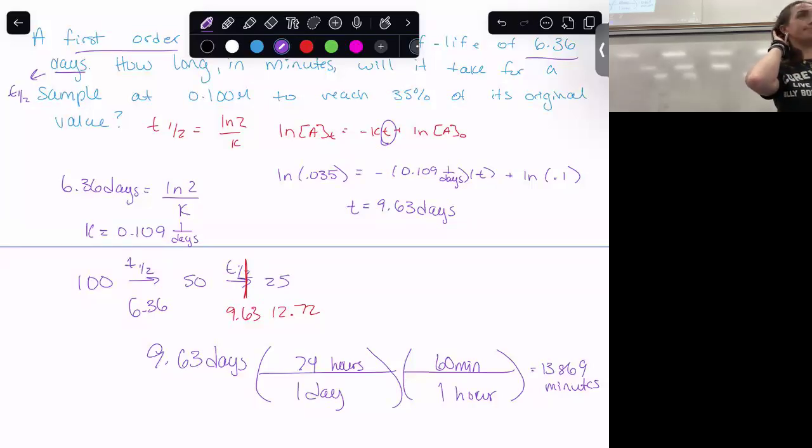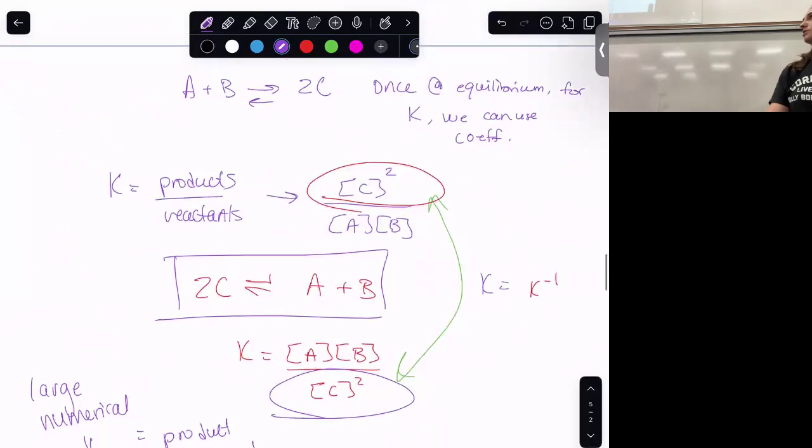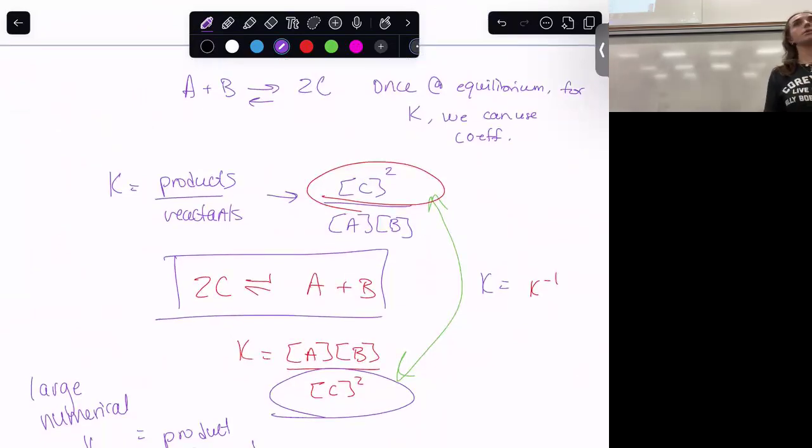No liquids, no solids. For K, the equilibrium constant, you can only put gases and aqueous compounds in it.